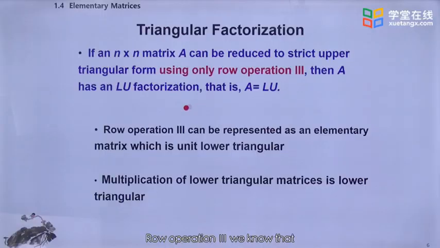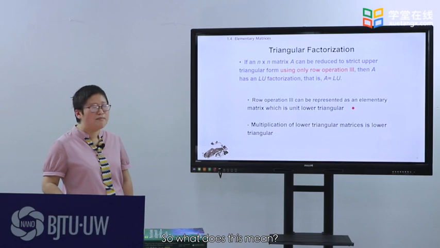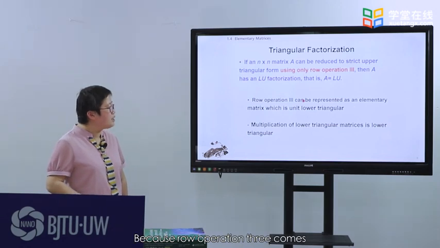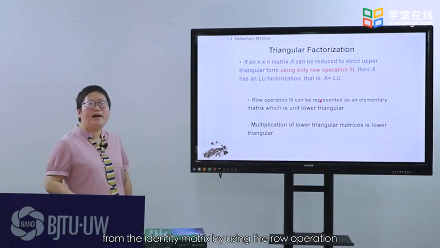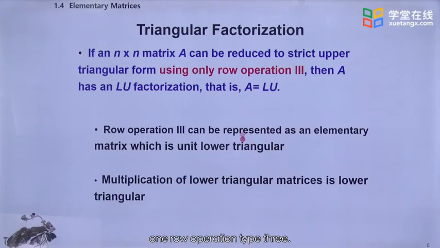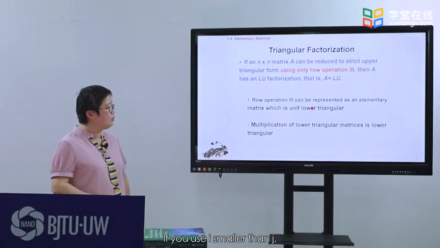Row operation 3, we know that it can be represented as an elementary matrix, which is a unit lower triangular matrix. So what does this mean? Because it comes from the identity matrix by using one row operation of type 3. This means you use a scalar alpha times the ith row, then add to the jth row.